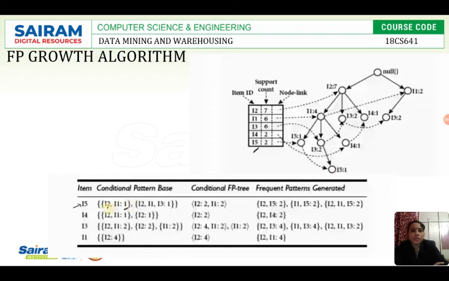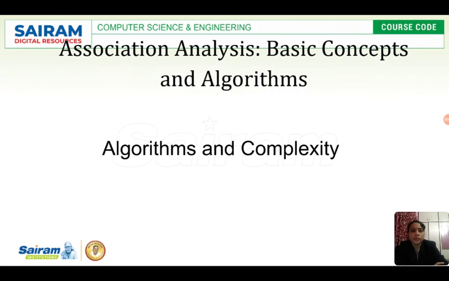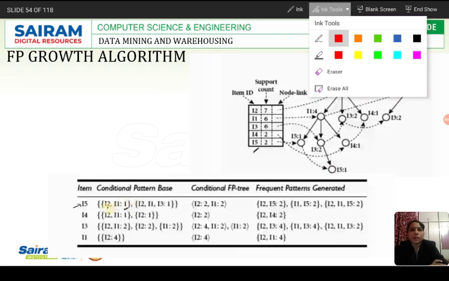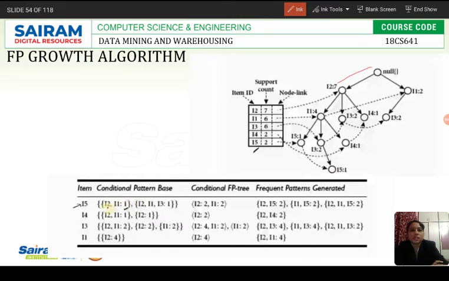According to the transaction, this is transaction 1, I2, I1, I3, and this is I2, I1, I5. Since I2 is frequent, it is first. Then we saw a few transactions.